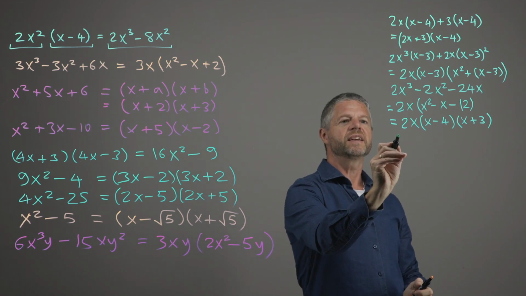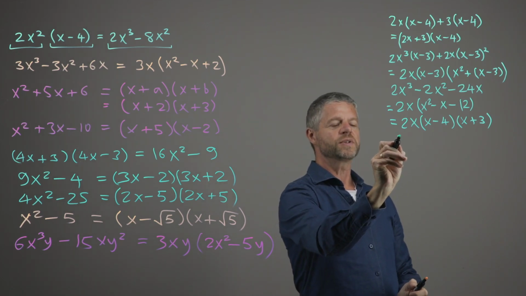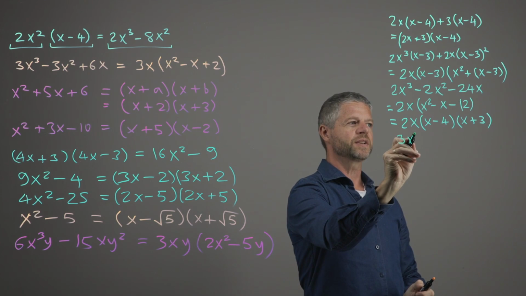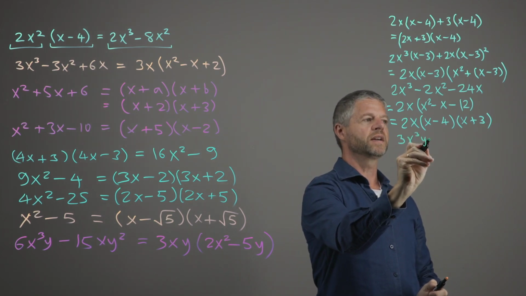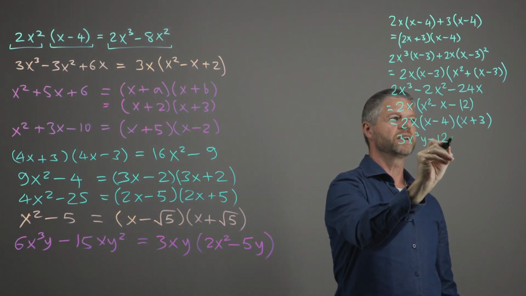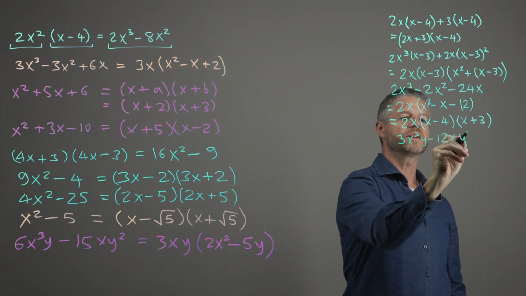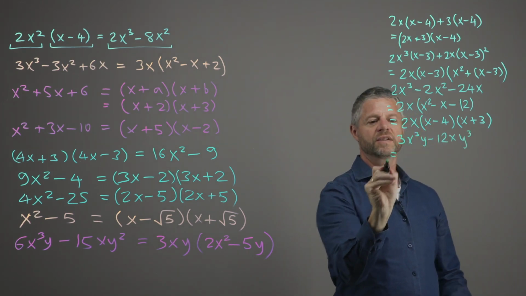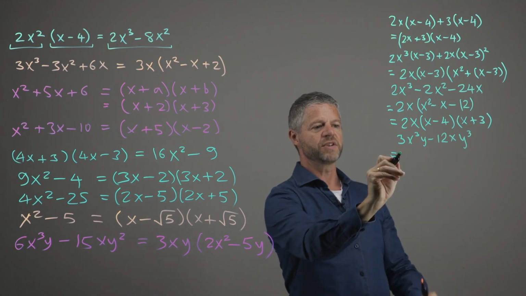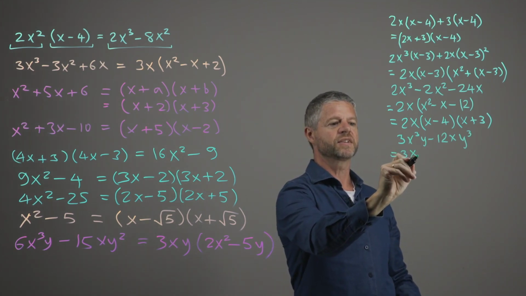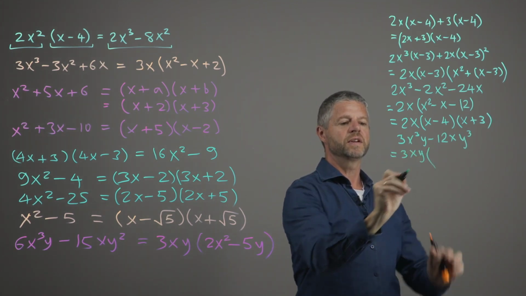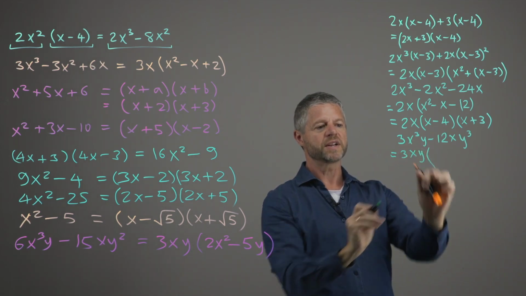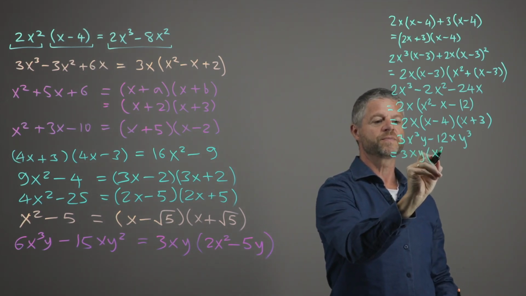And then fourth example, let's do 3x cubed y minus 12x y cubed. So common factor here would be 3xy. And then the first term, I need another x squared.